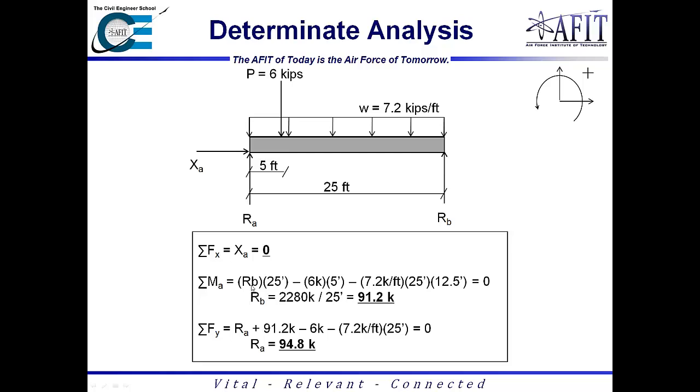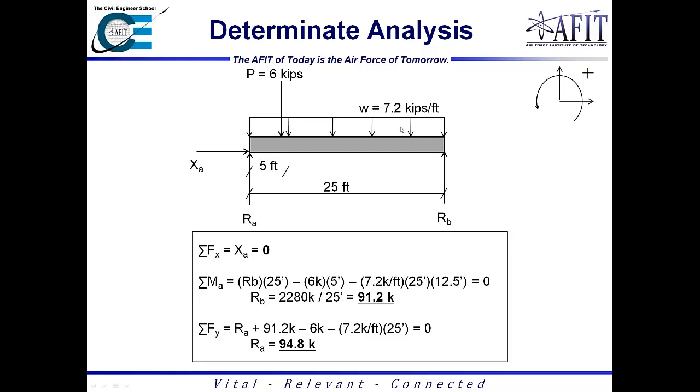And so the way we set this up is I sum all the moments about this point, and I start looking at the forces in terms of my positive sign convention. So I have this 6 kip force 5 feet away from the A support, and that's acting in a negative direction. So that's 6 kips, 5 feet away, negative.